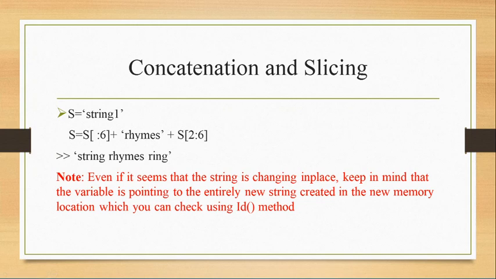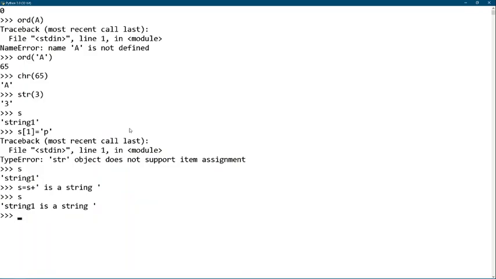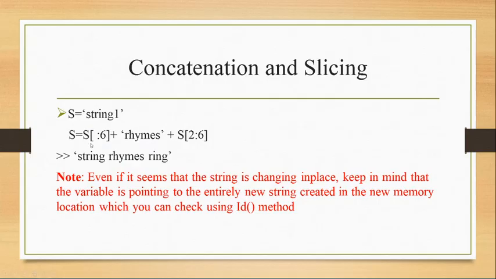Another method is slicing. I can slice it. Here I want to change string 1 to just string. In place of string 1, I want string rhymes ring. What I can do is, here I am slicing my object string 1.